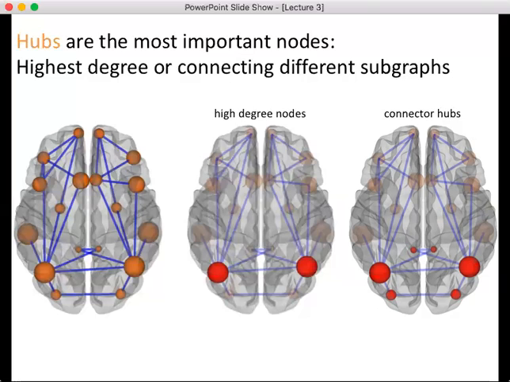If you want to spread across communities, then you really want to target the connector hubs, which might be people that are not particularly sociable in the sense they don't have lots of connections, but they have connections in different communities, so they can effectively spread information from one community to the next. And this is a very important concept.